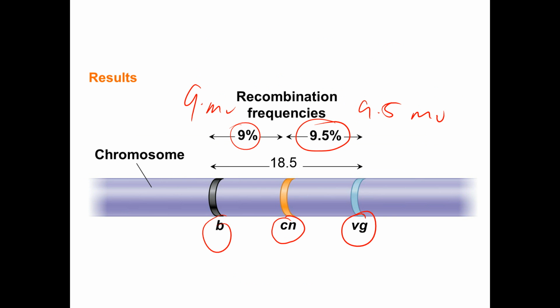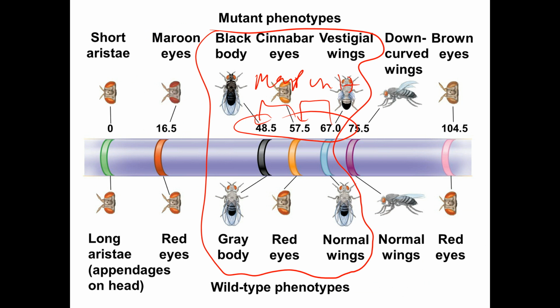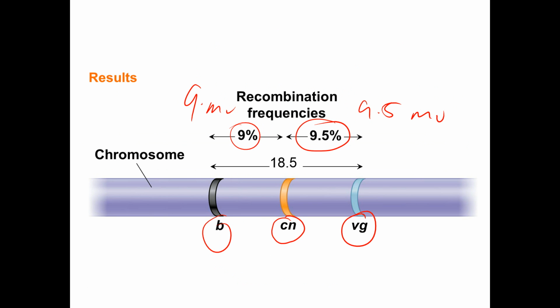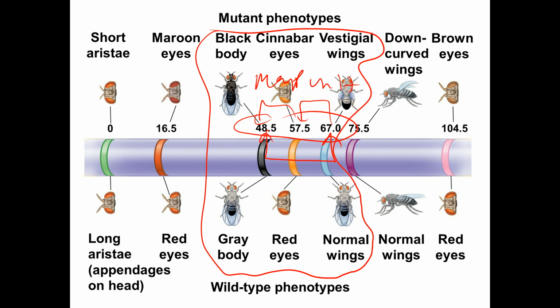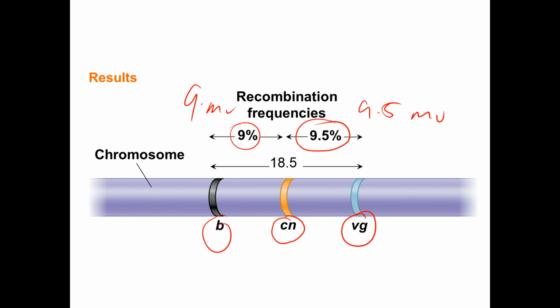If you add these together, the distance between the genes for the wings and the genes for body color is 18.5 map units.